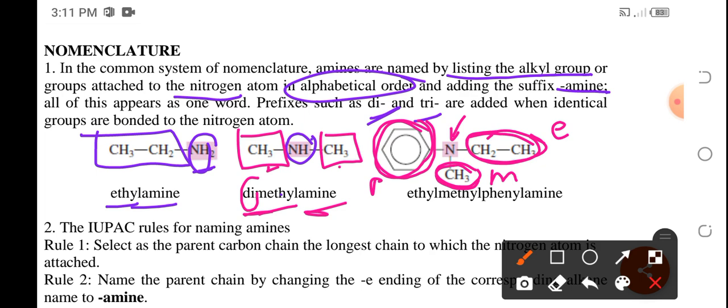So in alphabetical listing, ethyl first, then methyl, and then phenyl. Take note, we are not going to use the word benzene if the ring is used as a substituent. We only use benzene if it is a parent chain. But since here it is treated as a substituent attached to the nitrogen, its name is phenyl. Overall, the name of this amine is ethyl methyl phenylamine.